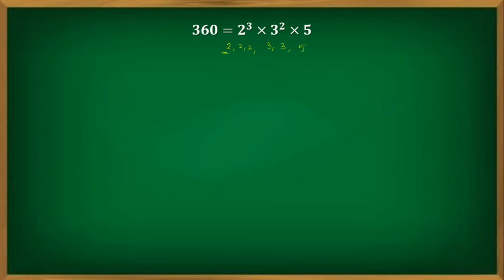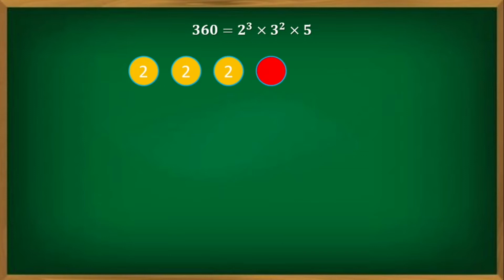So here we are going to deal with this problem using the concept of permutations and combinations, using selections. Here we have 2 2 2, then 3 3, and one more 5.